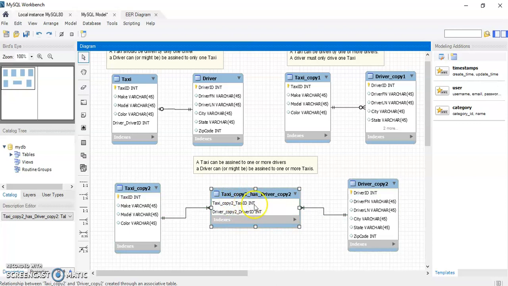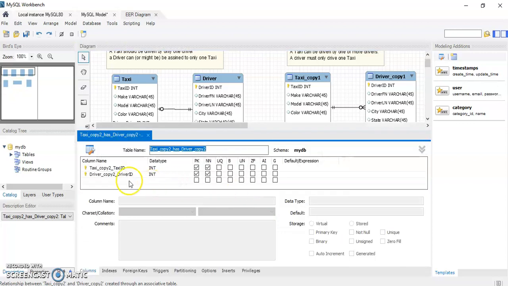Each one by itself is a foreign key, because as we know, a foreign key links to the primary key of the other entity. All right, this one links to this one, and this one links to this one. But together they form a primary key. So we can click on this one. We can even add, for example, a third attribute that is going to say, for example, the date or time. I'm just going to put date for now.